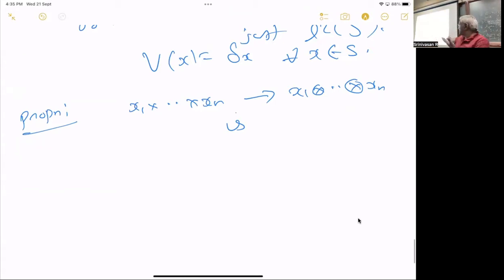To prove that this map is multilinear, you have to take the difference between that V of whatever. What is V of this? I mean, you don't have to erase, you can write it if you want. V of this is nothing but x1 tensor up to alpha xi plus x'i tensor up to xn.